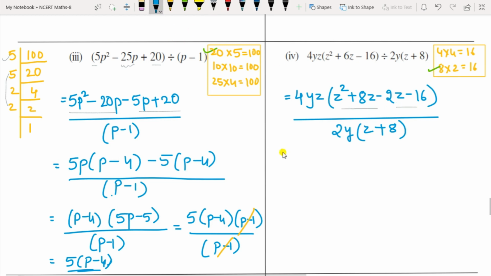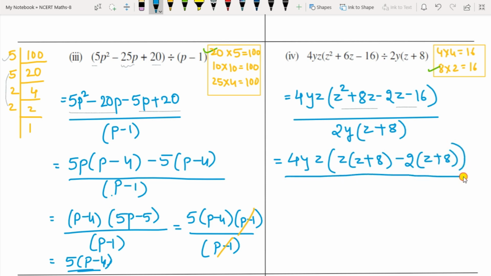So it will be 4yz. Here common is z. z plus 8 minus 2, z plus 8. The whole bracket upon 2y z plus 8.